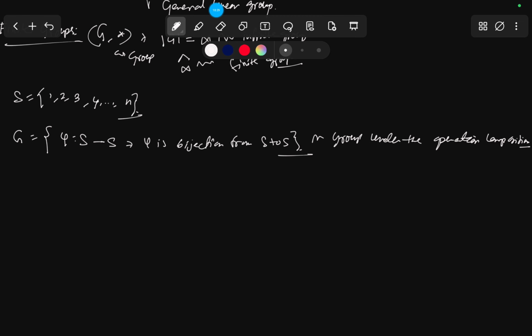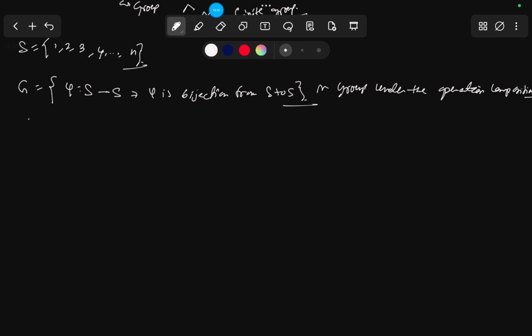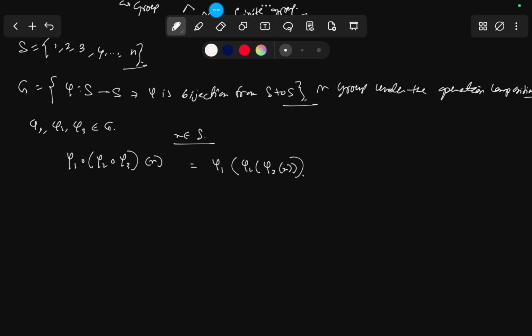Okay, so for example, it is easy to check that. Let's say you take phi1, phi2 and phi3, any three bijections belonging to G. So phi1 composed with phi2 composed with phi3 of x, where x belongs to S, is basically the same as phi1 of phi2 of phi3 of x, right?